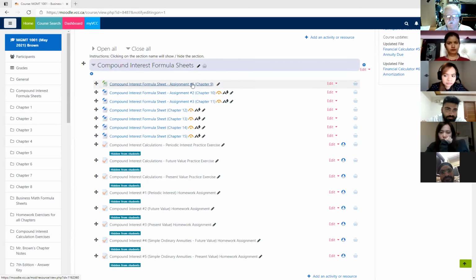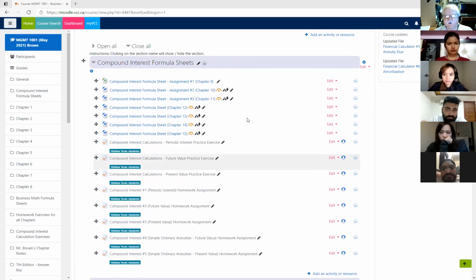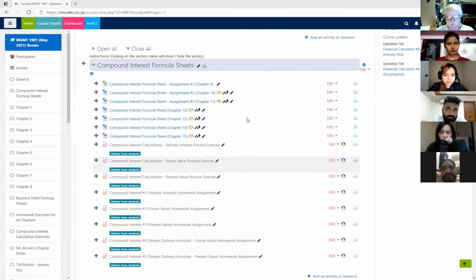And we've got formula sheets for chapter 9, 10, 11, 12, 13, 14, and 15. There will be one for chapter 16 there eventually. These formula sheets are basically a work in progress. They have the formulas that you would use if you're doing the calculations by hand.